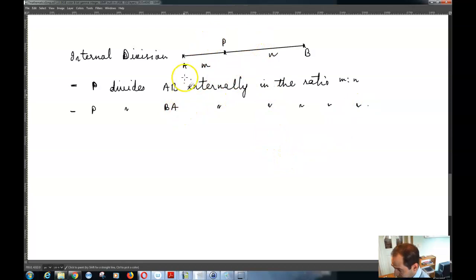In that case, if m to n is for example 1 to 2 or 1 to 3 or something like that, then in one of these cases the situation would be something like this. And of course you see that the coordinates of the point would change. So you need to be careful about that.